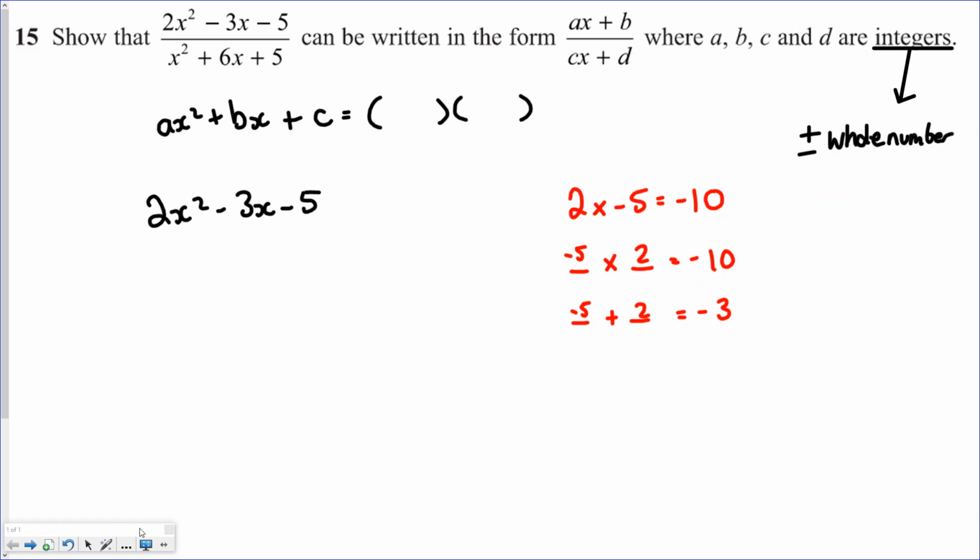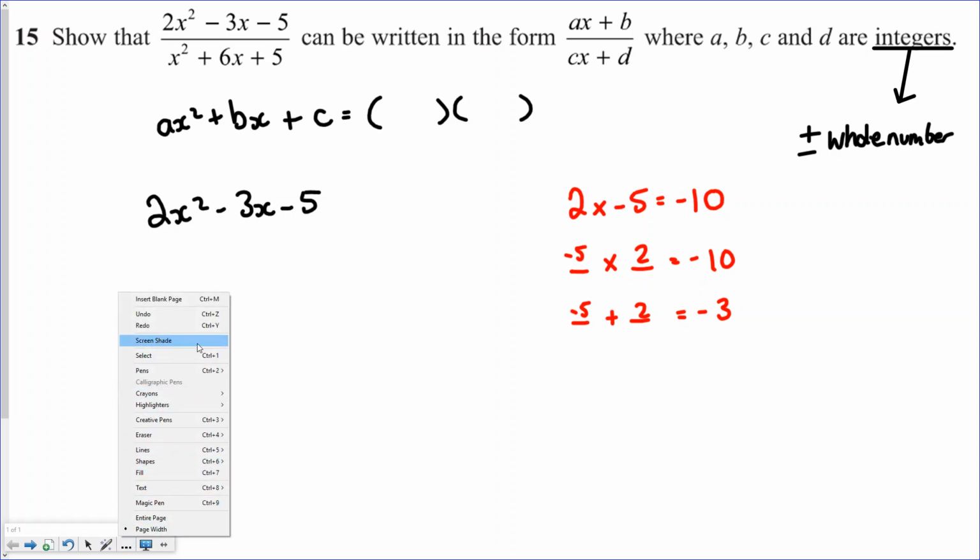So this is how I factorize this quadratic, and this works for every type of quadratic when the coefficient of x squared, that's a, is greater than 1. If a is 2, 3, 4, 5, 6, 7, this method works every single time.